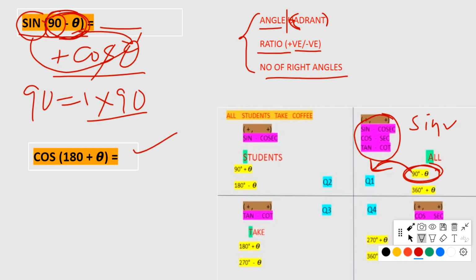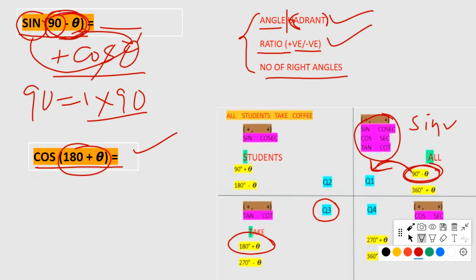Okay. Another example. Cos of 180 plus theta. First we observe the angle. Here the angle is 180 plus theta. In which quadrant is the angle 180 plus theta? 180 plus theta lies in the third quadrant. Next step. Ratio, positive or negative.